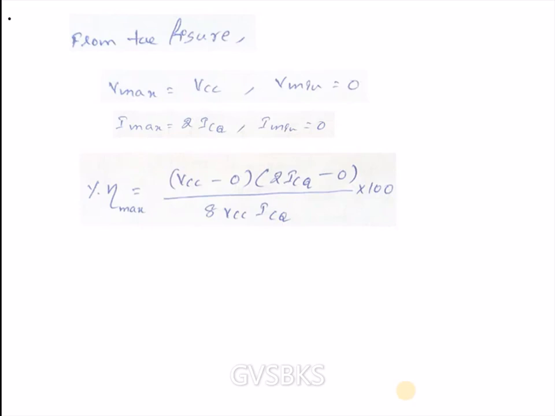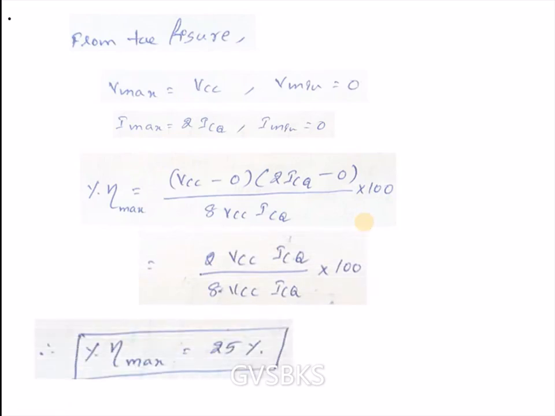Therefore, if you substitute that in the above efficiency equation, VCC minus 0 into 2ICQ minus 0 by 8 VCC ICQ into 100. If you solve that, you will get only 25%. That is the maximum efficiency of series fed class A power amplifier.